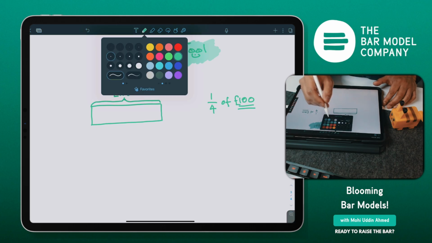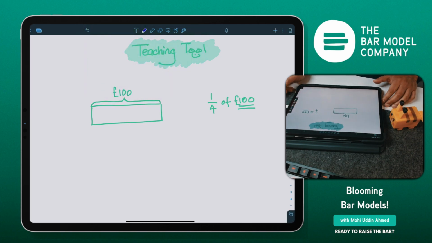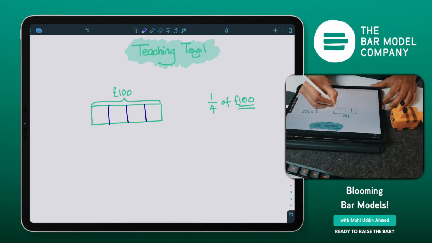And so with this, let me just change the color to make it a bit darker, make it better to see. With that, if that's 100, class, what would a quarter look like on this bar? I know a half is 2 equal parts and a quarter is 4 equal parts that make the whole. So I've got my 4 equal parts. Where's the quarter?